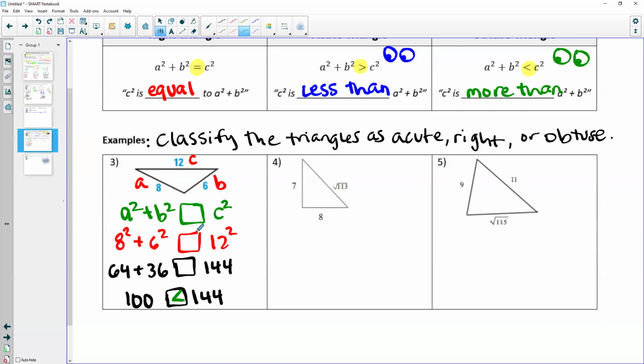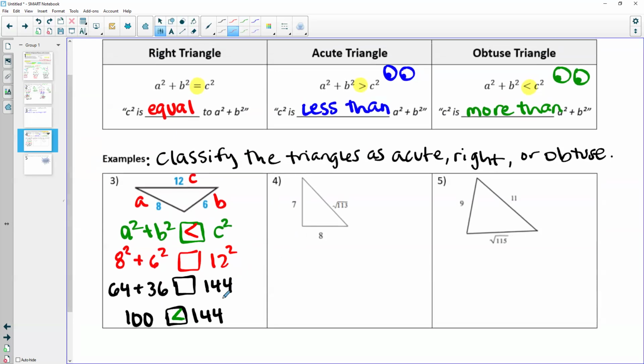And so look back at what we had in the beginning. Remember how we left this box here? Now I can fill this in. After working this all out, we saw that the left-hand side, a squared plus b squared, is less than c squared. So I'm going to write the appropriate symbol here. And when you answer this question, is it right, acute, or obtuse? Look at it from the perspective of c.